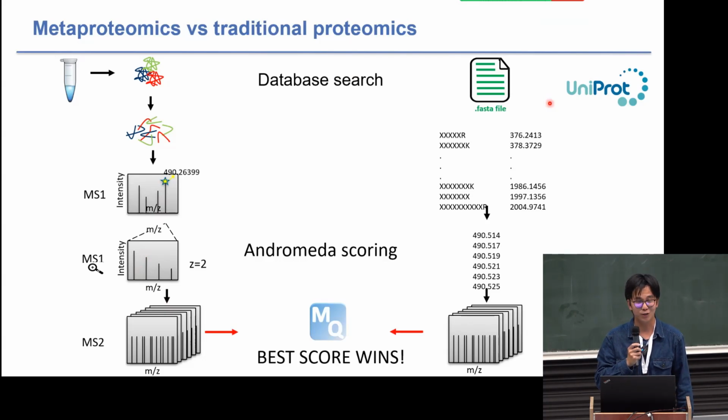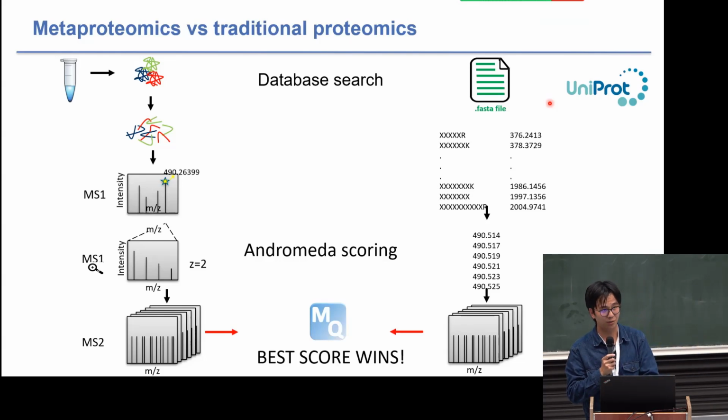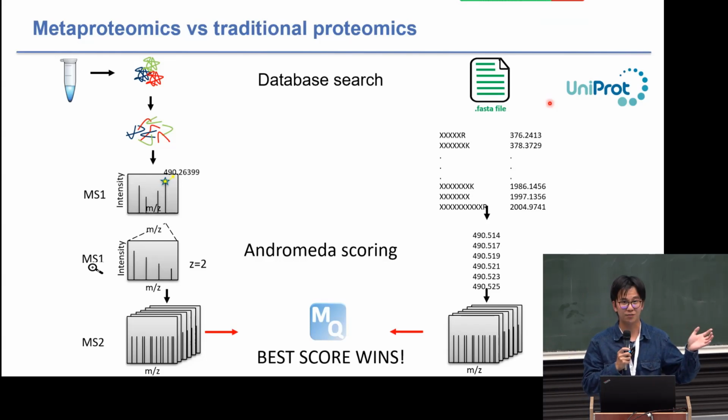If you don't put the sequences that actually exist in your samples into the database search, you have no chance to identify them. But if you put in all the sequences from UniProt, it's huge, and for sure you will include a lot of redundant information that will not help you identify your proteins.